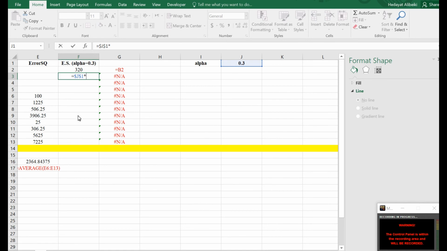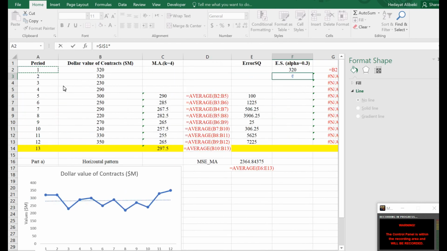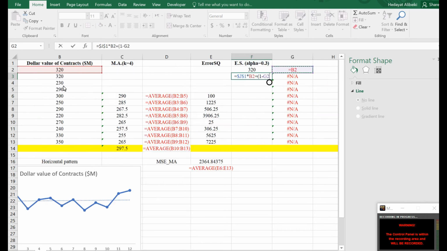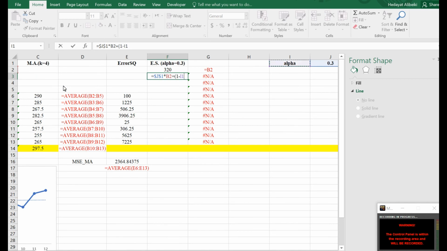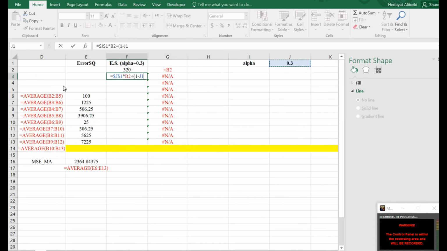Alpha times the actual observation in the previous period, which is this one, the actual observation in period 1, plus 1 minus alpha, parenthesis closed, times the previous forecast, F2 in this case.